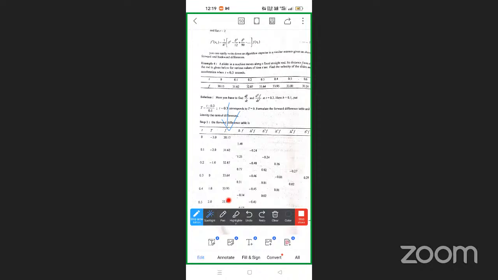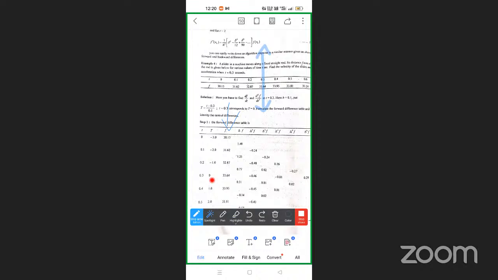Here, capital T is the point at which we have to calculate acceleration and velocity, that is 0.3.